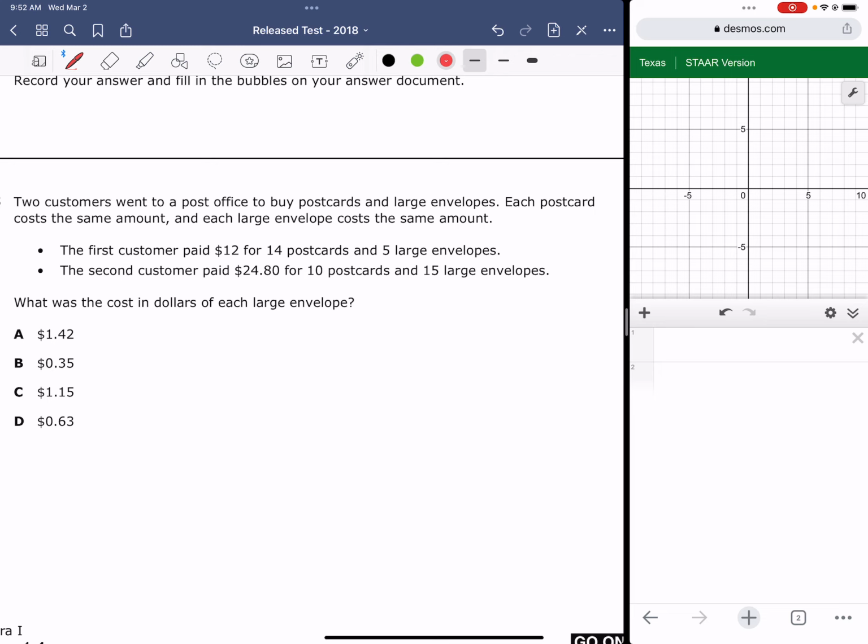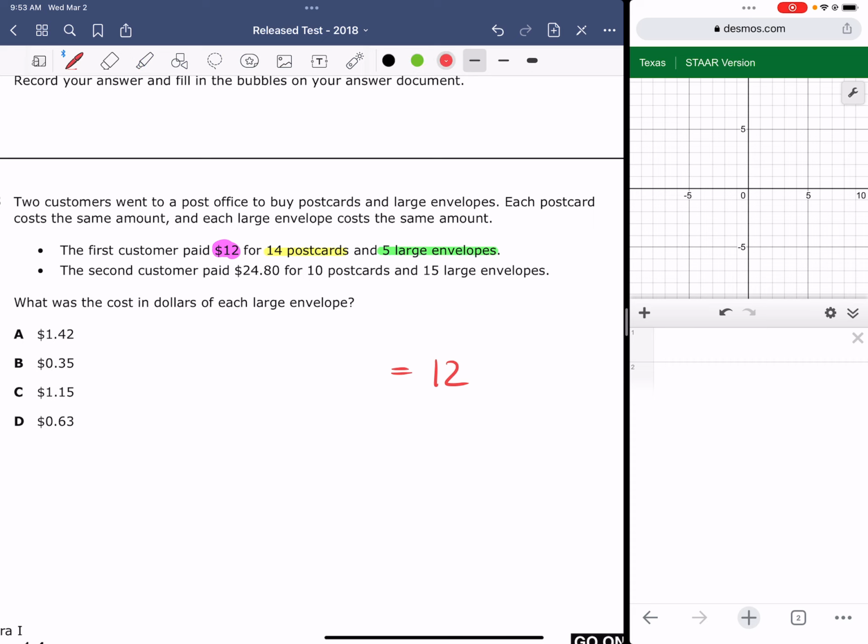We need to set up a system of equations and then solve it in order to answer this question. If we look at the 2 bullet points, we're told that the first customer paid $12. That is a total, or a right-hand side. And so in my first equation, I'm going to have 12 as the right-hand side. Then we see 14 postcards and 5 large envelopes.